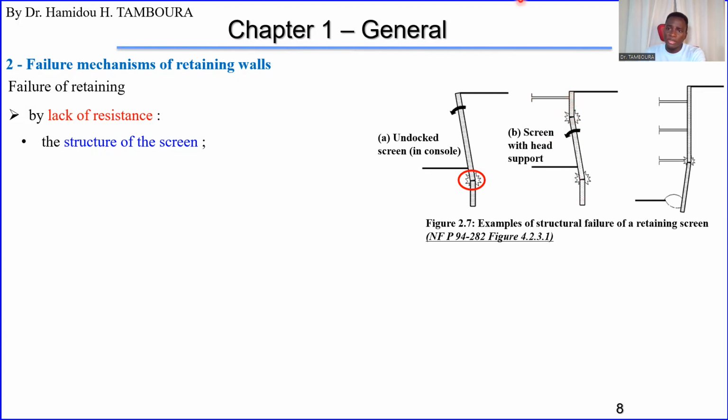In this situation, we may have two breaking points, here and here. The structure itself will break. Or in the third case, we may bring many supports. In that case, the wall may break here. This is about the structure.